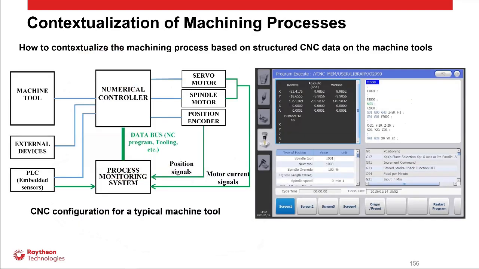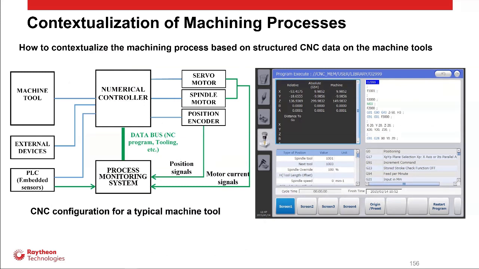So here, the first thing we did was look at what the data structure flow on this CNC machine is. As you can see from the left-hand side, the machine tool is typically driven by the pneumatic controller, which also controls the servo motor, the spindle motor, and the precision encoders.